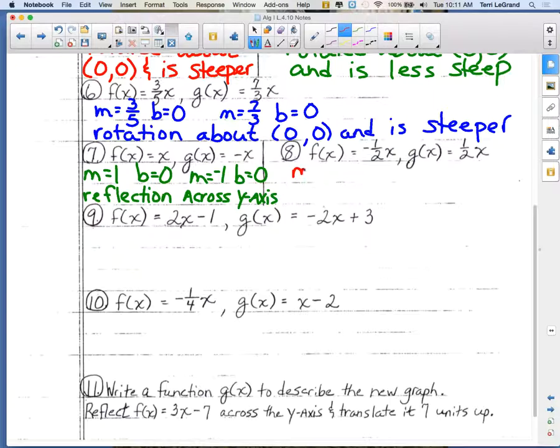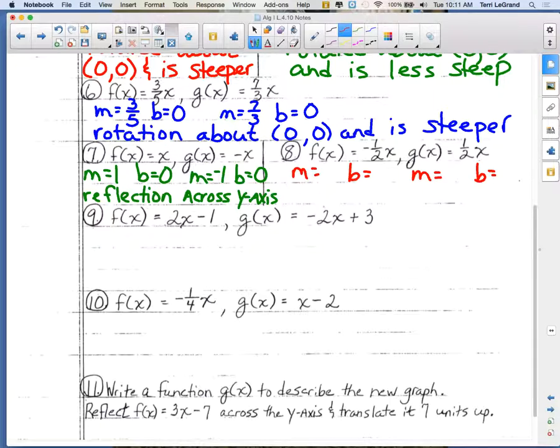m equals, b equals. Is the first one the parent function this time? f of x equals negative 1/2 x? No, what's the parent function? f of x equals x.